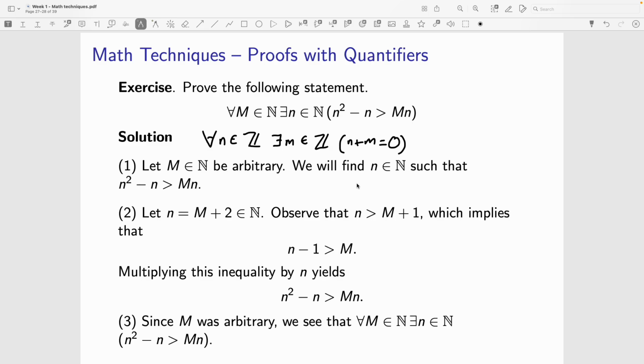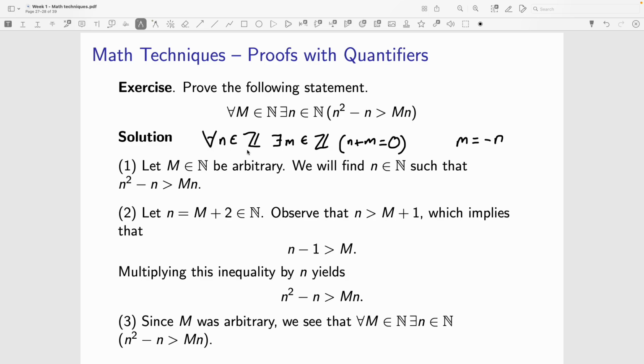Negative numbers exist. This is going a bit off track with the example, but I just wanted to show a simpler one first. If you wanted to prove that, you would say something along the lines of m equals negative n.